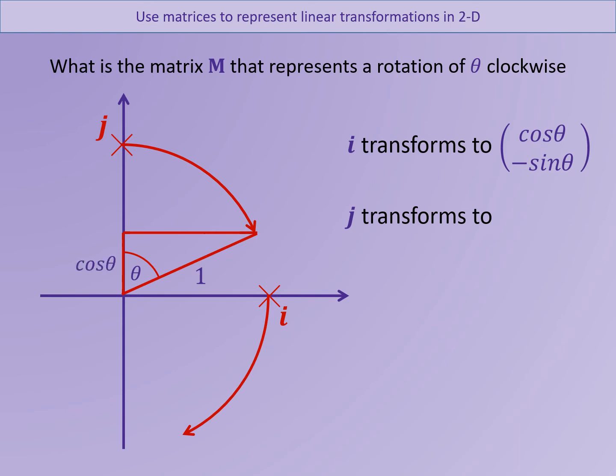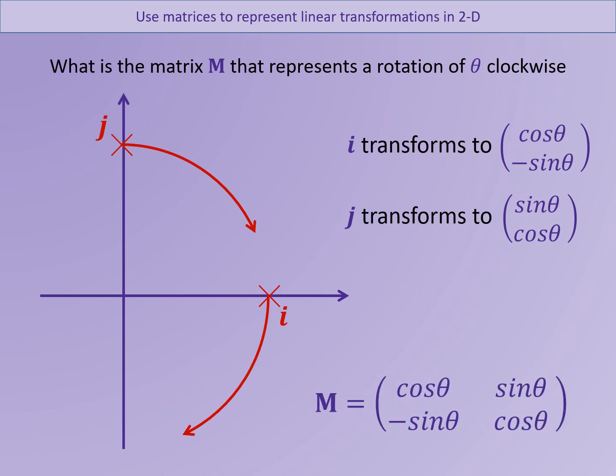So this represents cosine for the same reason again, so the adjacent will be equal to cos theta times the hypotenuse, which is 1. And similarly for the other side, the opposite is equal to sine theta times the hypotenuse. And so j is transformed to (sine theta, cos theta), and therefore M is represented by the matrix (cos theta, sine theta; -sine theta, cos theta).